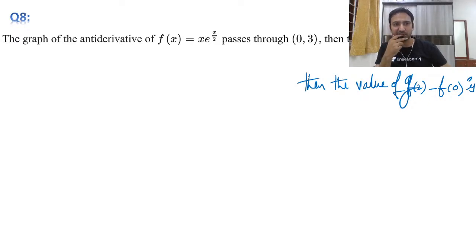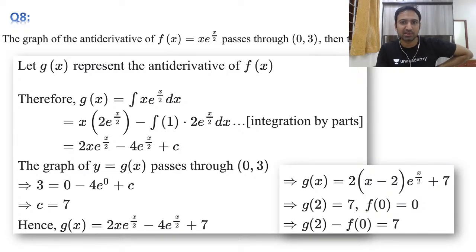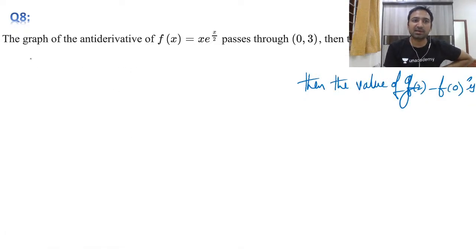He didn't mention it. So there is a mistake in this question, guys. Okay, what he is saying is that g of x is the graph of antiderivative of f of x, and it passes through 0, 3.